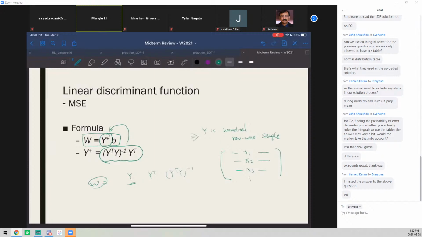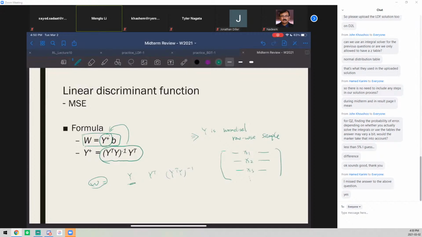That's what you guys need to remember, because if you do it otherwise, the final answer will be different. Okay, so y is the normalized row-wise sample. And once we get y, we can just calculate the final W vector.